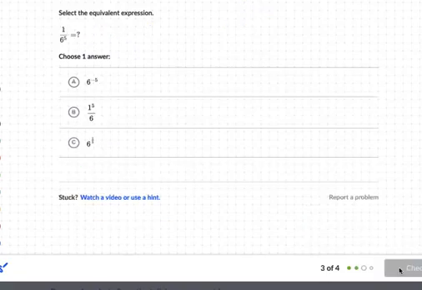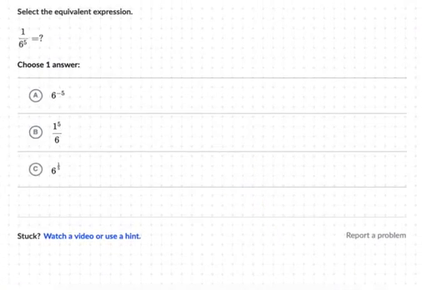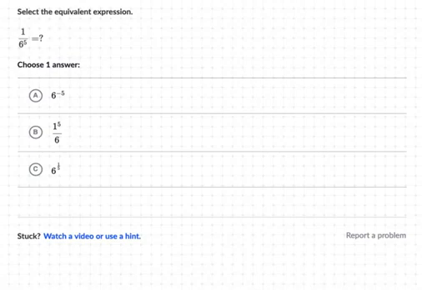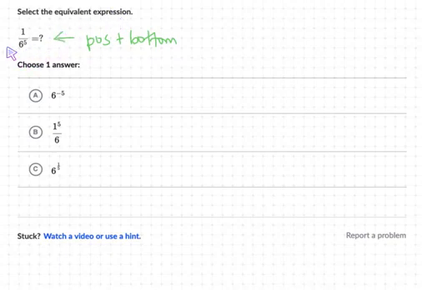Okay, let's do one last example of negative exponents. Pause your video and try this one on your own. Okay, this one right here is positive and it's on the bottom. It says select the equivalent expression. Normally we would like this, it's already positive, it's great, okay?